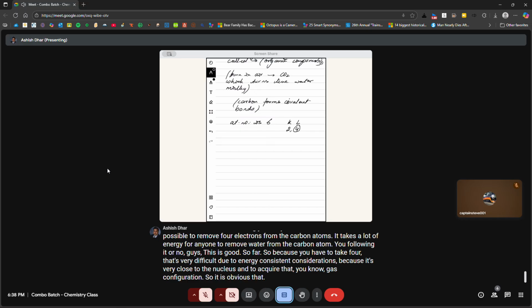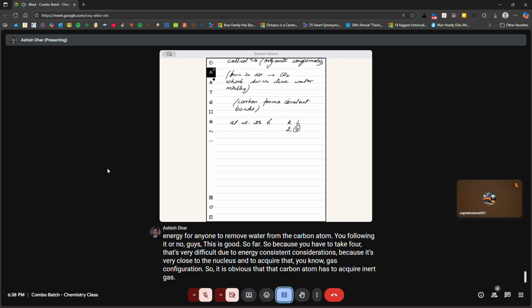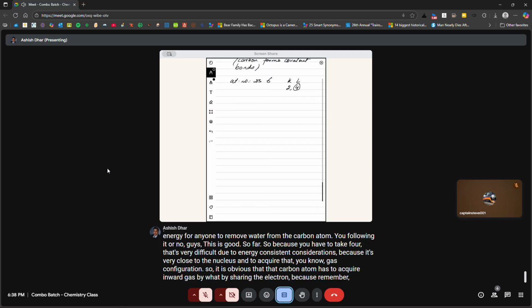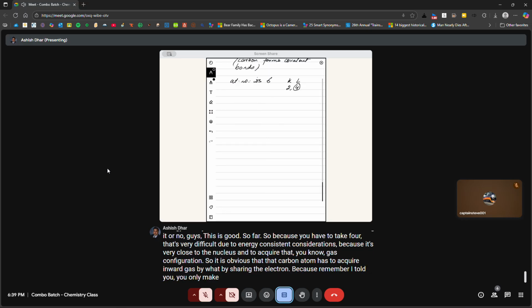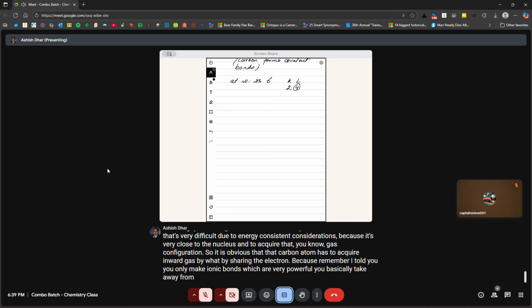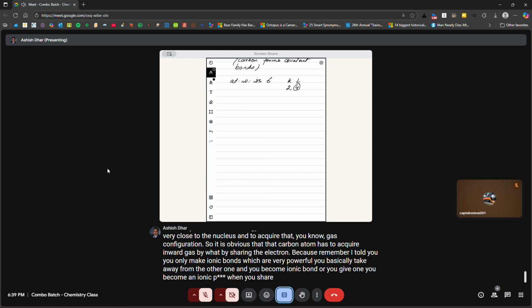So it is obvious that the carbon atom has to acquire the inert gas configuration by sharing electrons. Remember, I told you, you make ionic bonds when you take away from the other atom or give one away. When you share, you form a covalent bond, correct?